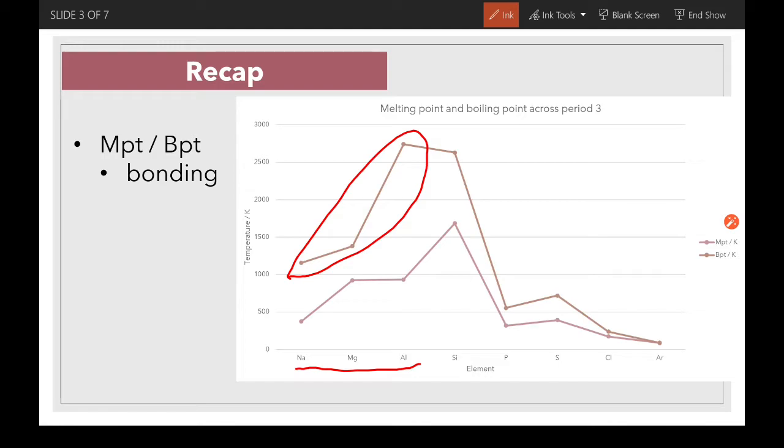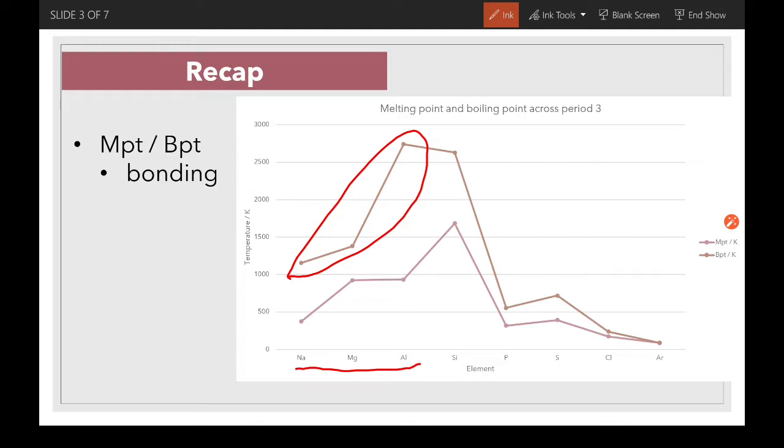Sodium has 1 valence electron, which would be delocalized, leaving a 1 positive charge on the metal ions in the center. Magnesium would have 2 and aluminium 3, so we had a greater electrostatic attraction between the metal ions and the delocalized electrons, meaning greater forces.